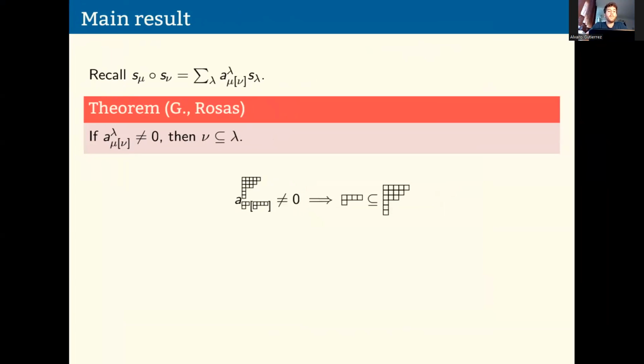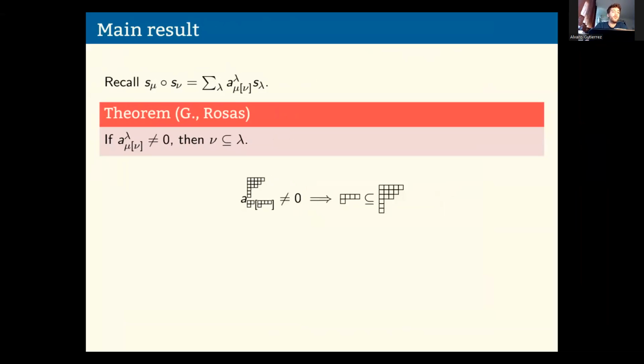So the main result that we got is that if the plethysm of 2 Schur functions breaks up into a linear combination of Schur functions with these coefficients A, lambda, mu, nu, and this coefficient is non-zero, it implies that nu, the little one here, is inside lambda.